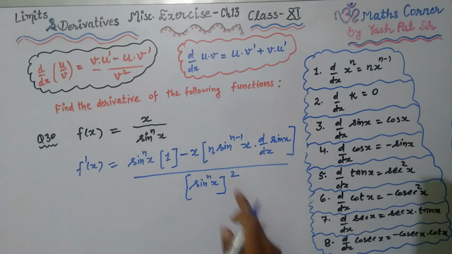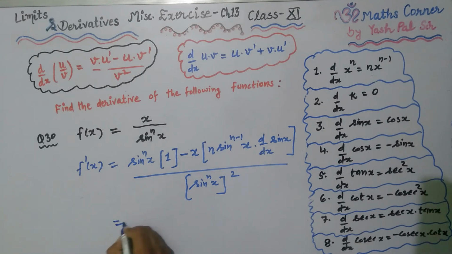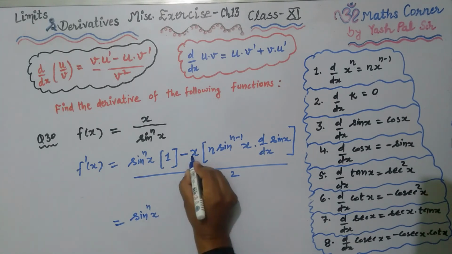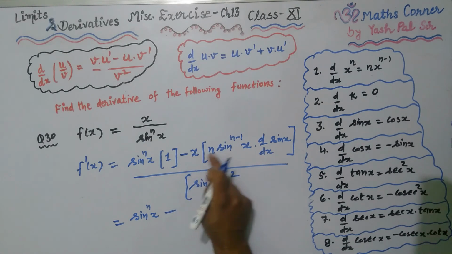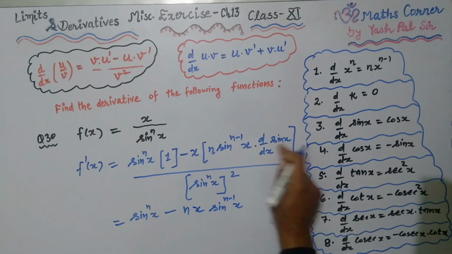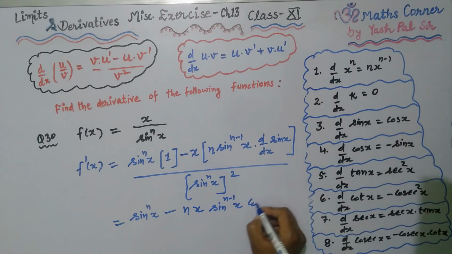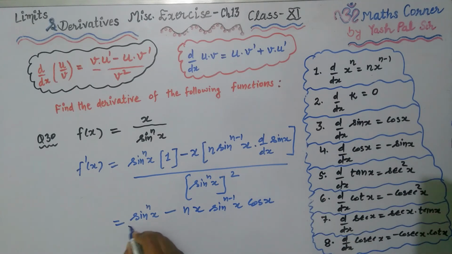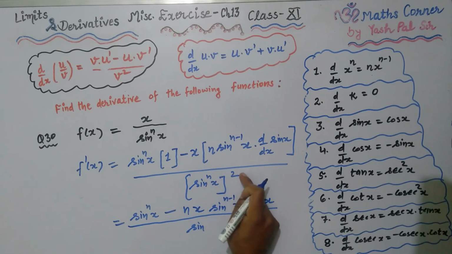Now further we solve the question. What is this? This is sin^n x minus, this becomes n into x into sin raised to power n minus 1 x, and derivative of sin x is cos x, into cos x, whole divided by sin raised to power 2n x.